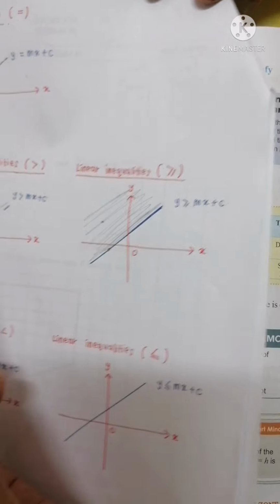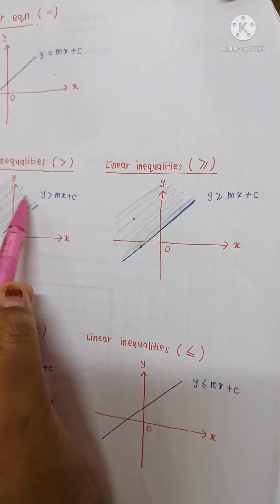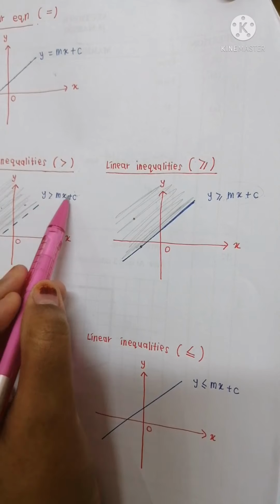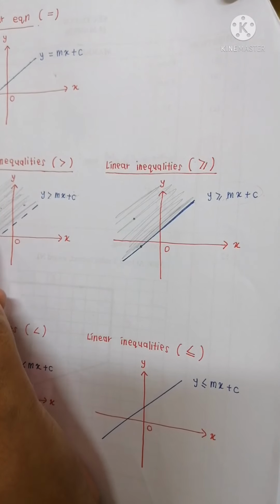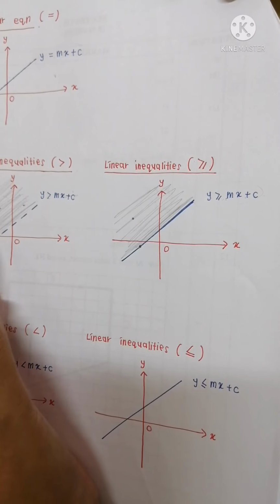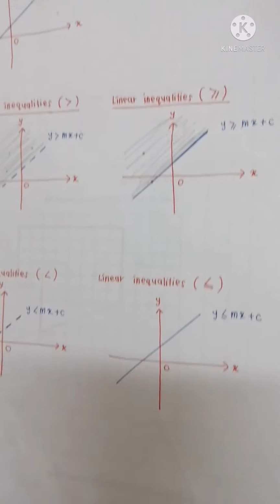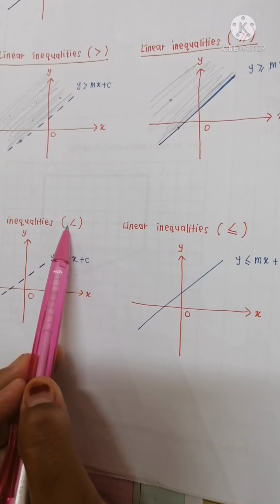Remember, for this one, the points that satisfy the linear inequality of y greater than mx plus c are just the points that lie above the straight line, not on the straight line. Remember the difference. Now look at the third one, the linear inequality less than.